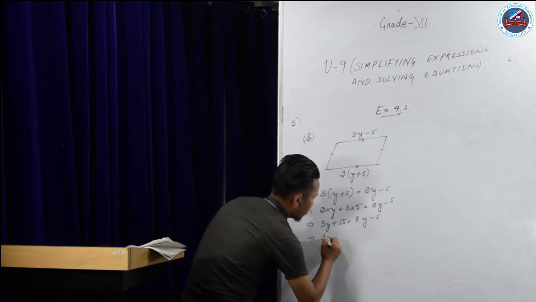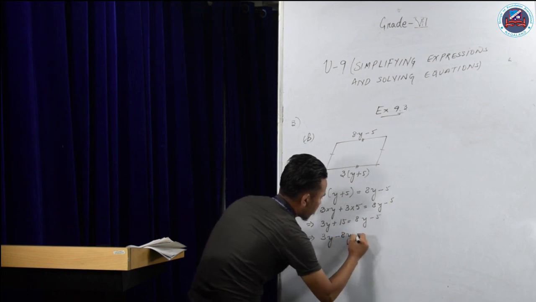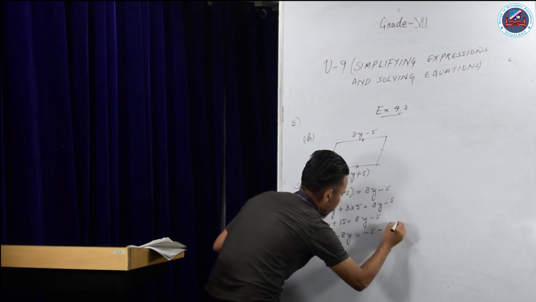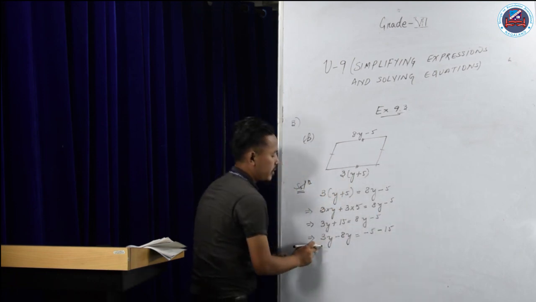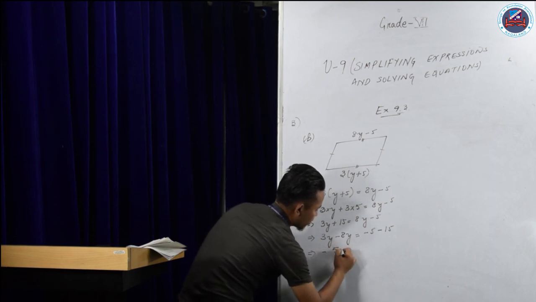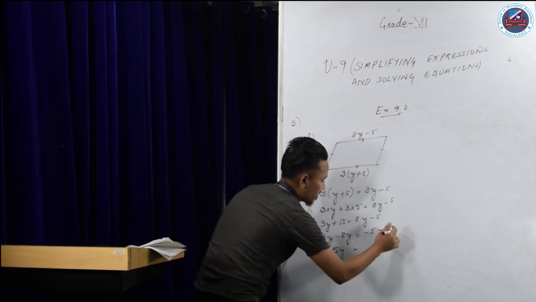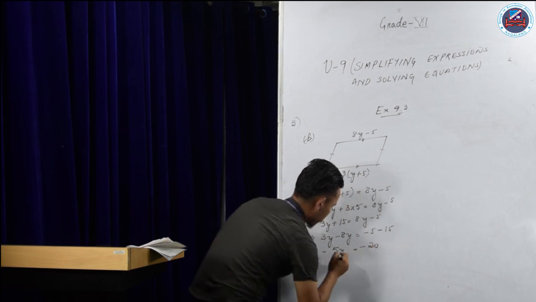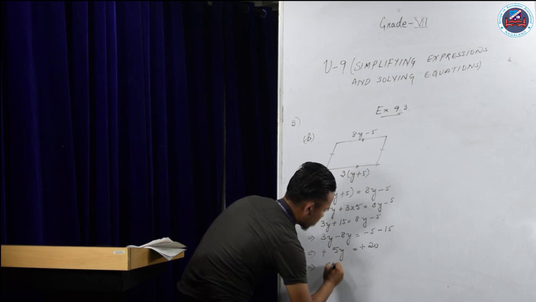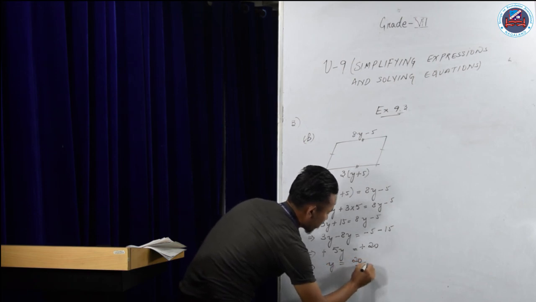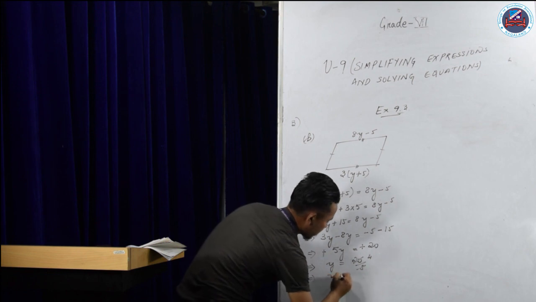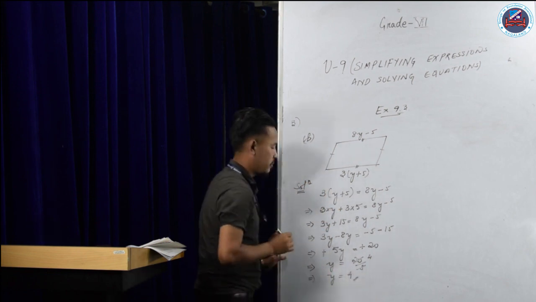That is 3y minus 8y equals minus 5, plus 15 becomes minus 15. So 3y minus 8y we get minus 5y equals minus 5 minus 15 gives us minus 20. Minus and minus can be cancelled. y equals 20 divided by 5. We get the value of y as 4.